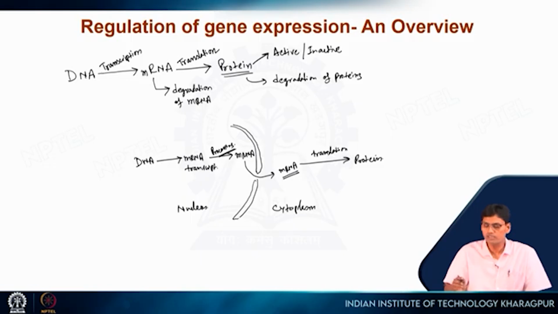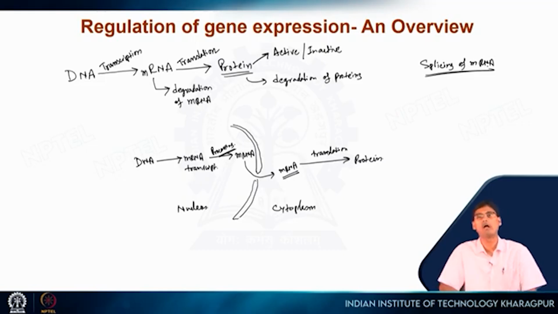So this processing, this splicing of mRNA, is also very much controlled, and it can affect gene expression.